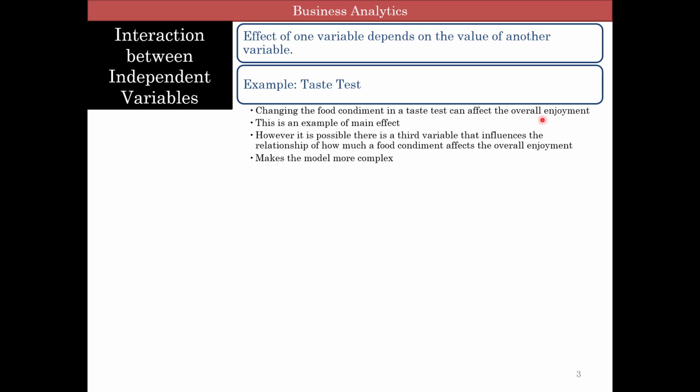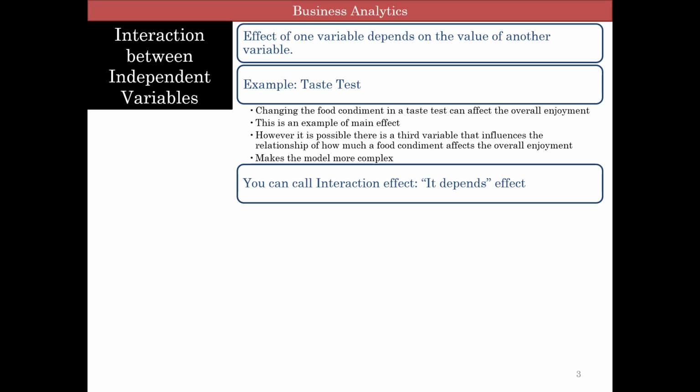Hot chocolate on ice cream increased overall enjoyment, but mustard on ice cream or hot chocolate on a hot dog had a completely different effect. So while food condiment did affect enjoyment, it affected it based on what food it is. So interaction effect is often called the "it depends" effect.